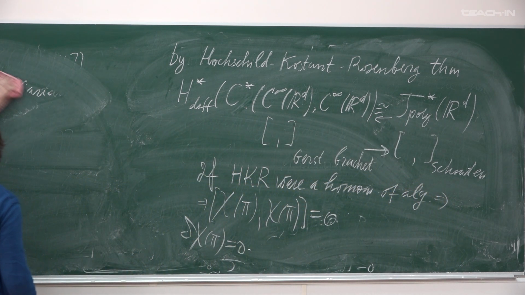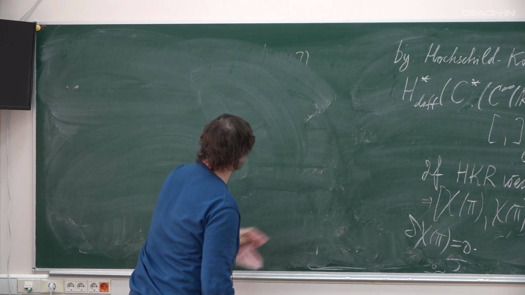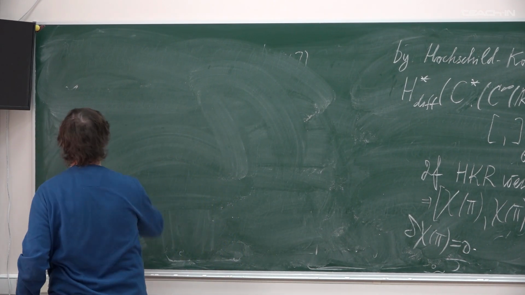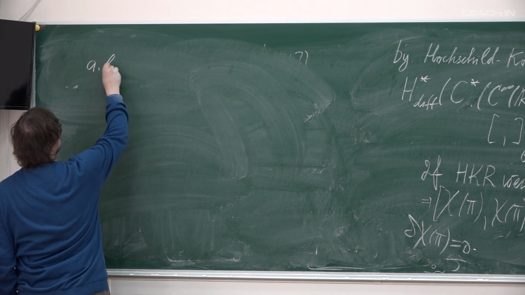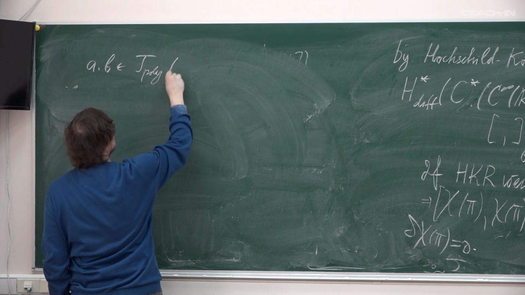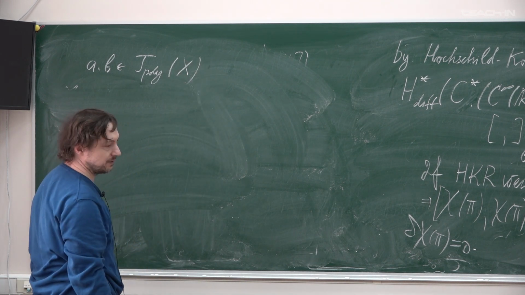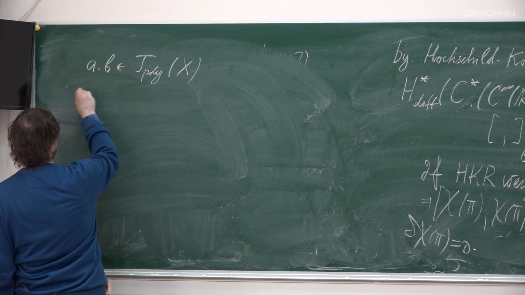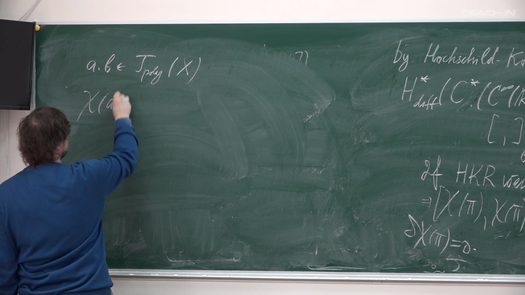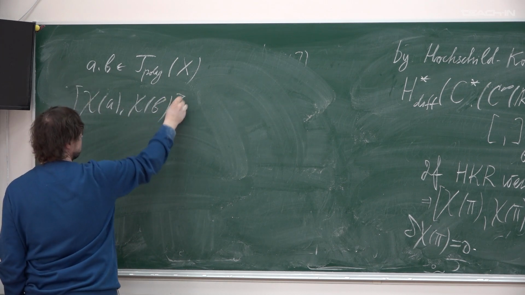It means that if you have two elements, A and B, in polyvector fields, whatever, let it be X. For a while, it doesn't matter whether it will be R^d or something else. And we apply chi to A, chi to B, and we take the commutator.